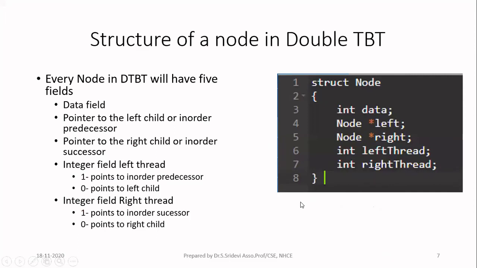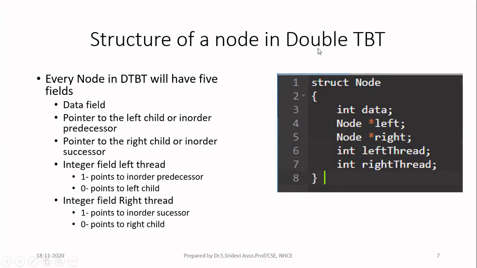Now let us see that information with the help of a linked list representation, and we will see how to represent those nodes in a program. Suppose you want to write a program for a threaded binary tree, you should know how to declare that particular node. For declaring nodes of any tree, we are going to use a structure. So here I am going to use a structure.